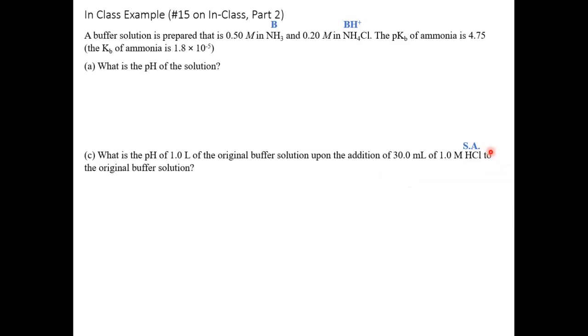How do we calculate the moles of H3O plus given these two numbers? Look back at what we did on number 14, part B, where we added the acid. How did we calculate that? We changed this from milliliters to liters, and we multiplied volume times molarity. Yep, that's how we did that. That is absolutely how we get moles.